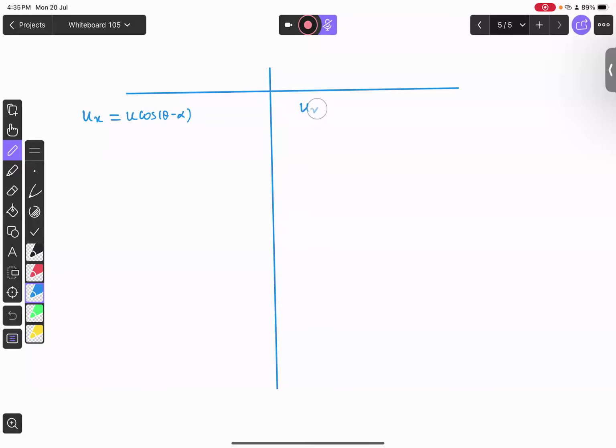Here ux will be, you replace alpha with minus alpha, so it will be u cos(theta plus alpha). Here uy was u sin(theta minus alpha). Replace alpha with minus alpha, uy will be u sin(theta plus alpha). Ax here is minus g sin alpha.